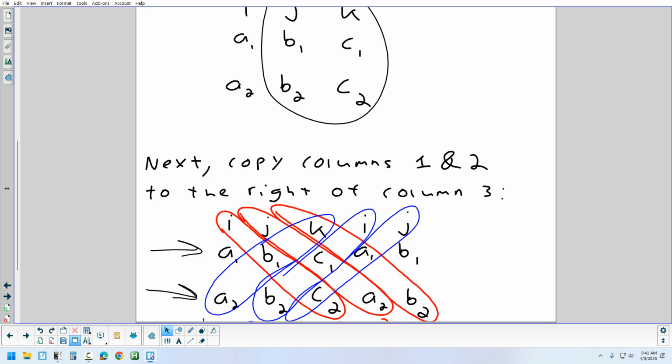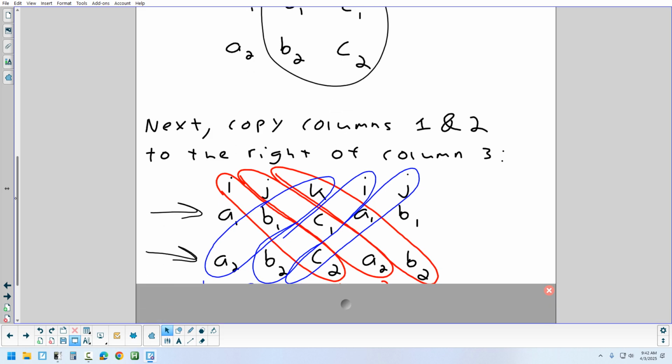The cross product involves 6 calculations. Yep, we're going to do some multiplication and some addition. We're going to multiply some diagonals together. I've labeled them.